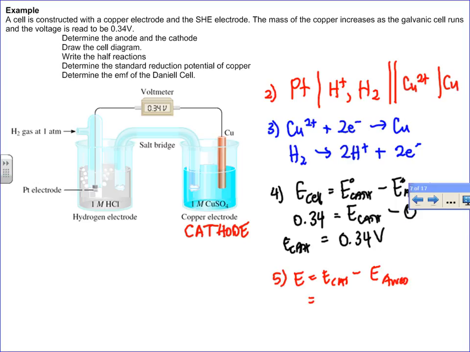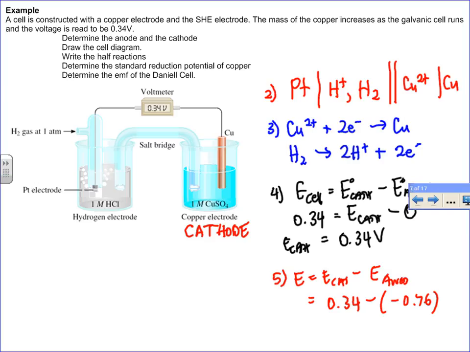And the Daniell cell, recall, is the one involving zinc and copper. And in the reaction with zinc and copper, the cathode is the copper, and the anode is the zinc.